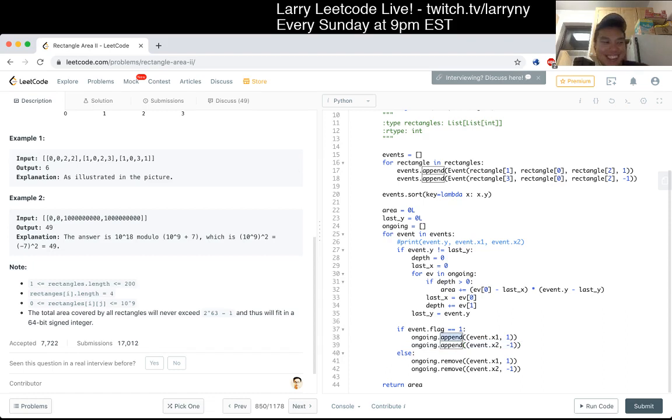I think someone showed me how to do it last time, so I'm going to try to do it with insert. Is it bisect? Something like this.